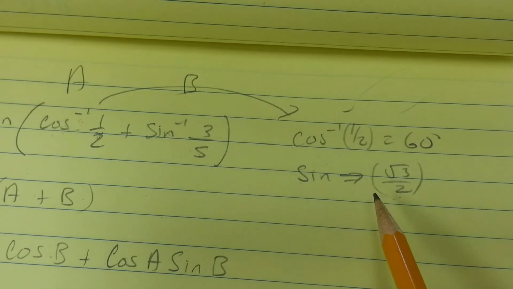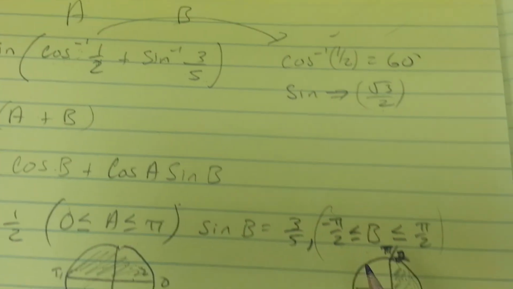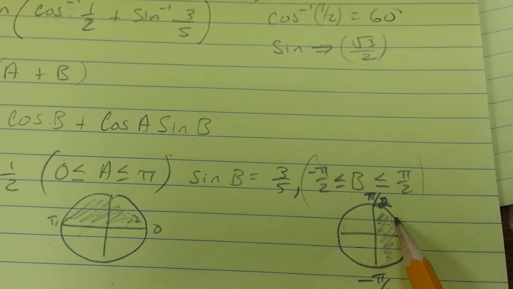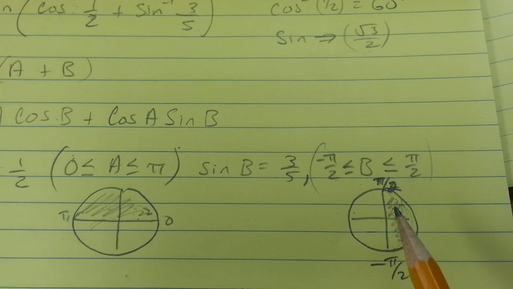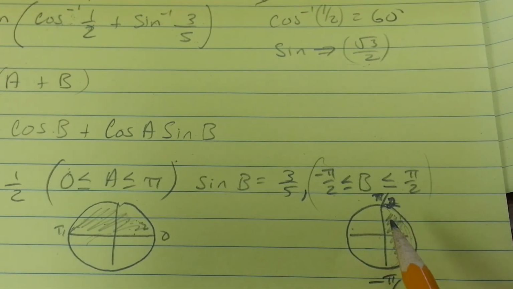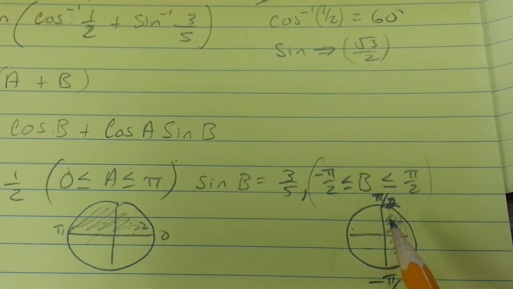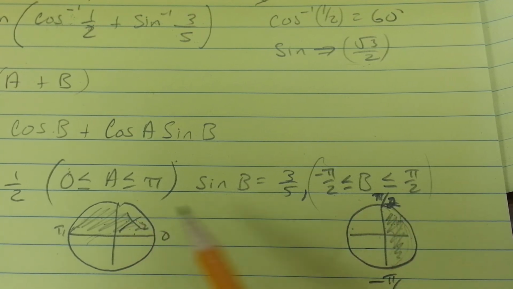What were we given? Yeah, we were given sine. Sine's positive here and here, but we had to be in this half, so that meant we had to be right here. And so we were able to narrow down both our angles in the correct quadrants, okay? Both of them were quadrant 1.